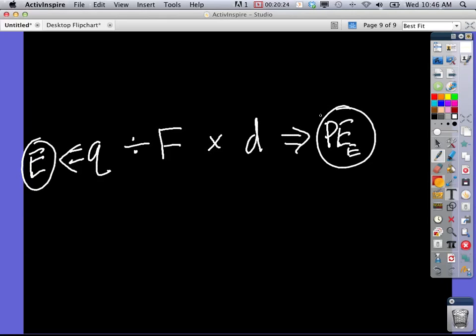Energy, right? The analogy I made about the school: you go through your school day, what do you lose? Voltage or energy. So a volt is a joule per coulomb.